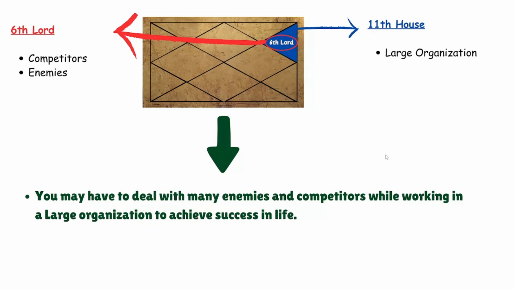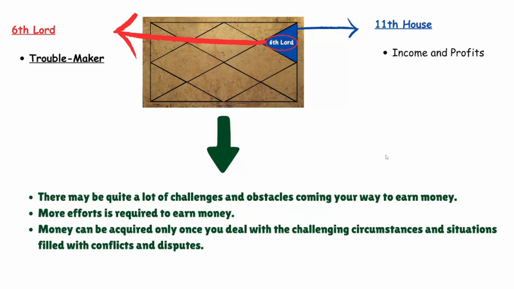You are not going to get a smooth ride, it is not going to be a rosy path. Only when you fight with these enemies and competitors, then only the next step for you is success. Sixth lord is the troublemaker, and 11th house is the house of income and profits.